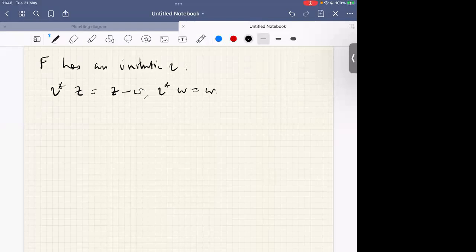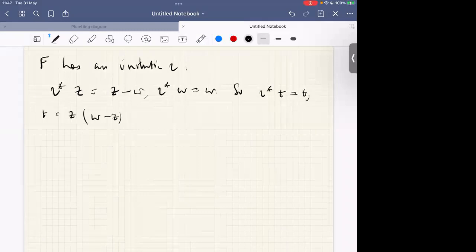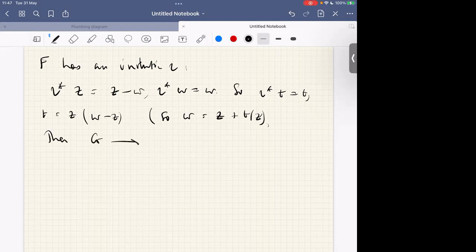So iota upper star T is T, where T is Z times W minus Z. And remember that W equals Z plus T over Z. And then go back to G. I can map G to the geometric quotient of F by iota.